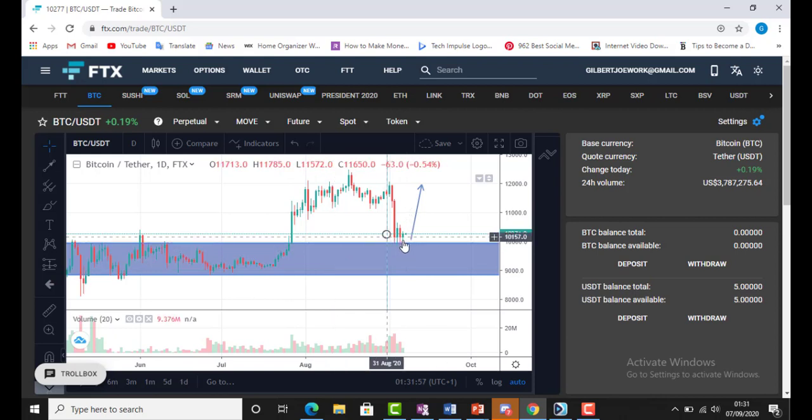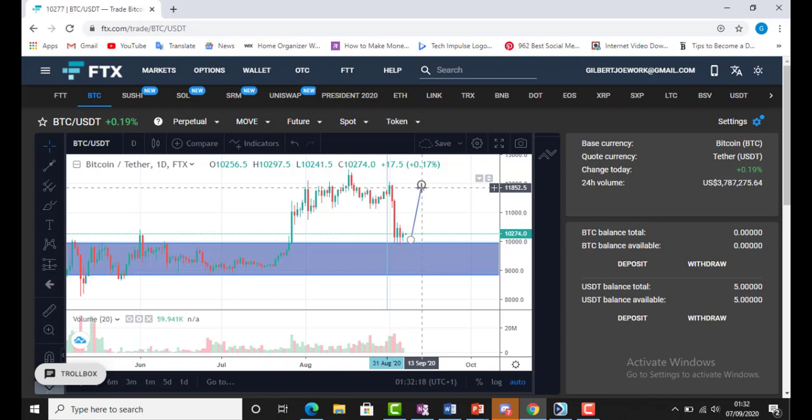And looking at this, the support is holding, and I think a consolidation is taking place. The next thing that will happen, as long as this support holds, is we are going to move to the upside. So you could see I have this arrow here.